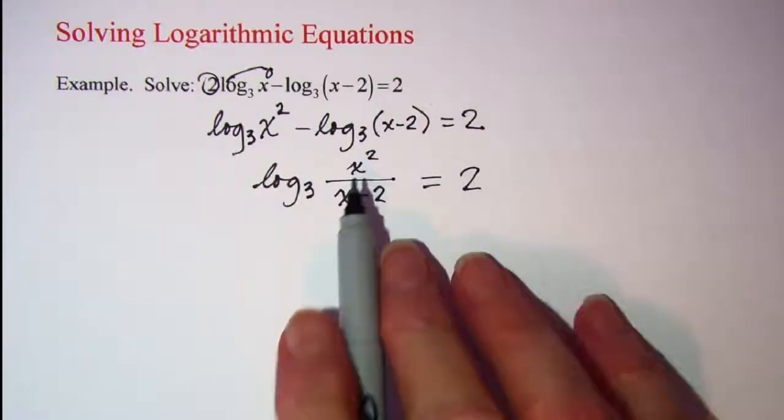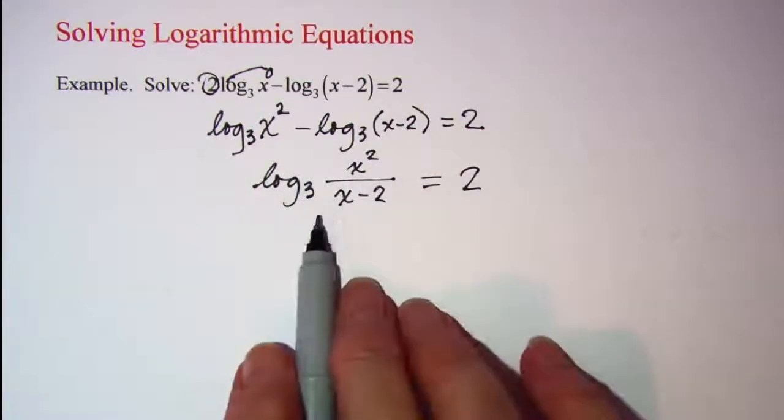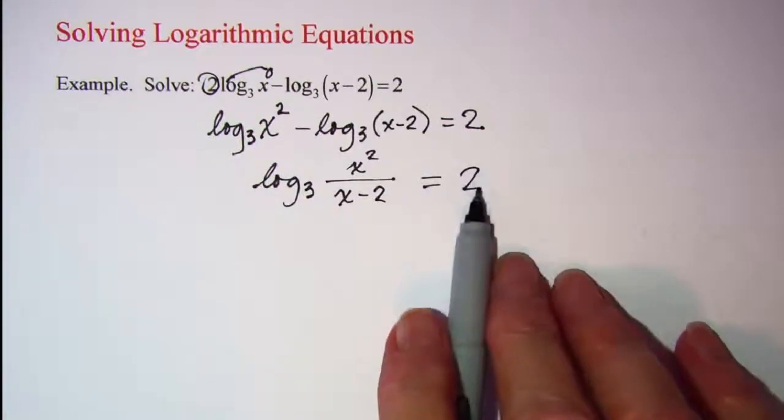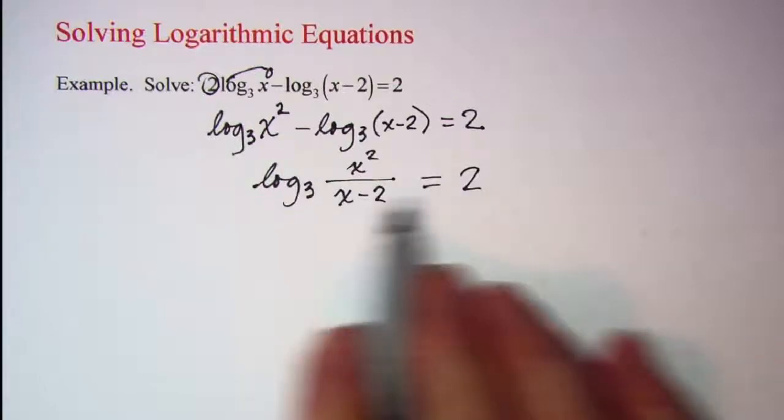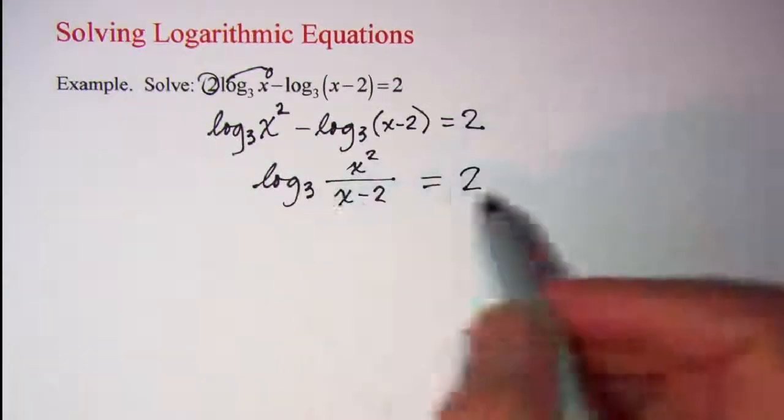Right. Now, whenever you have a logarithm on one side and not a logarithm on the other side, just a constant, then what you need to do is write this exponentially.